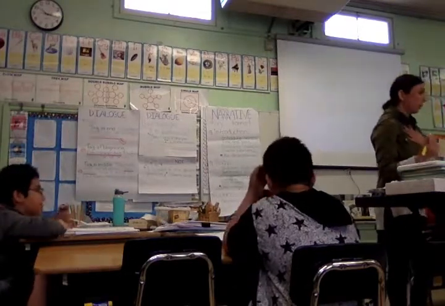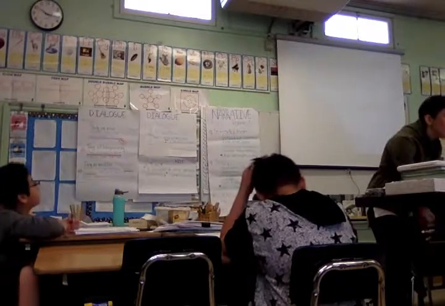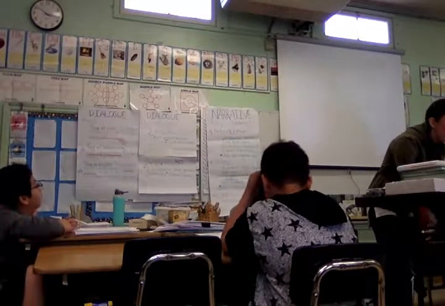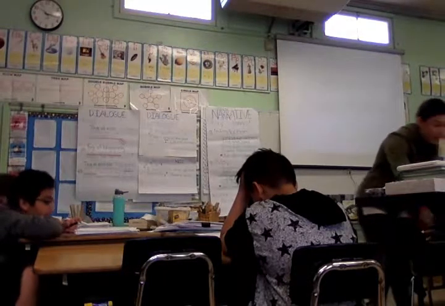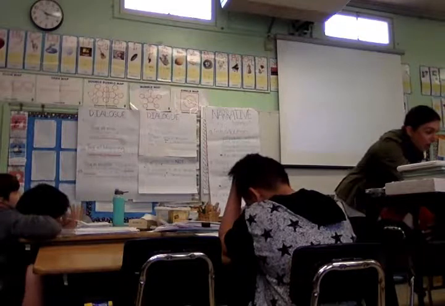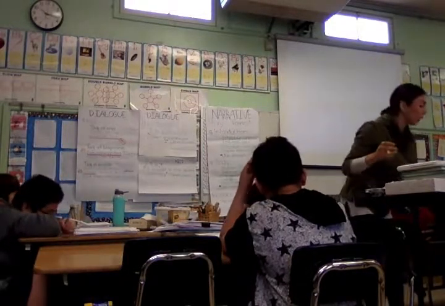So how do I know this is first person or third person? Let's start from the beginning. It says, it was a warm summer day, and I was playing jump rope with my friends Anne and Beth.